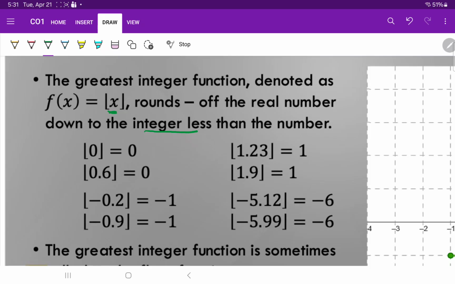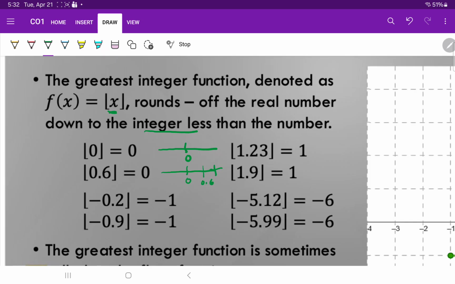So the greatest integer value of 0 is 0, because this is exactly 0. It's not a decimal anymore. But how about the greatest integer value of 0.6? You have 0 here, and say this is your 1, so somewhere here is 0.6.